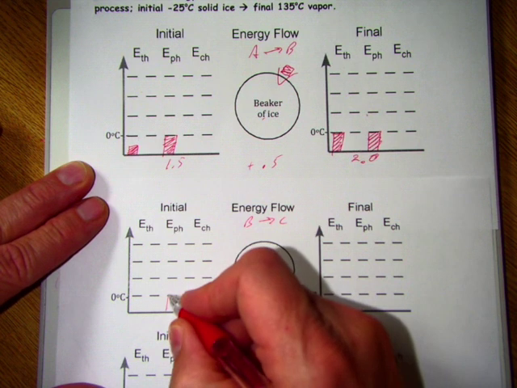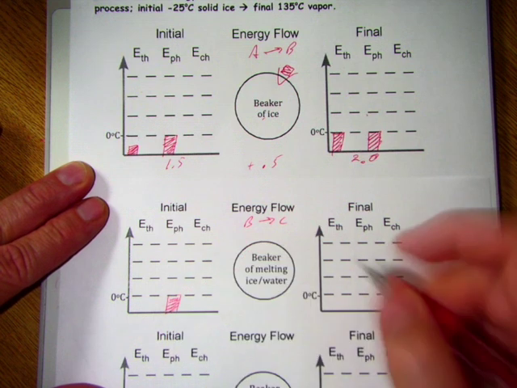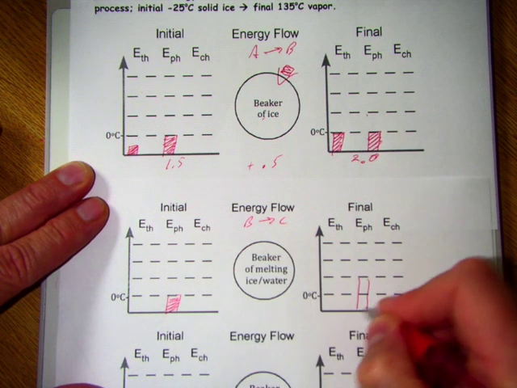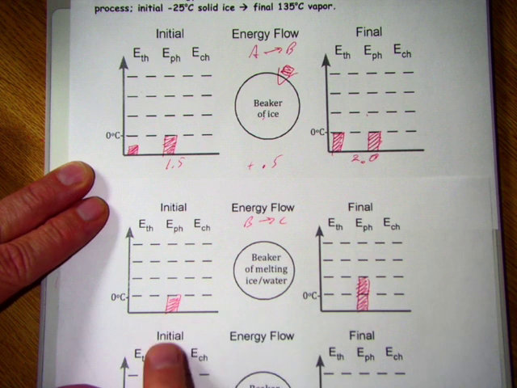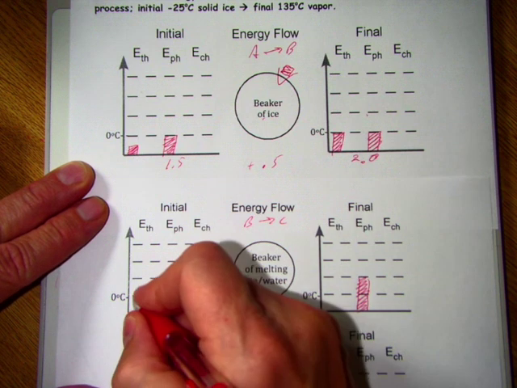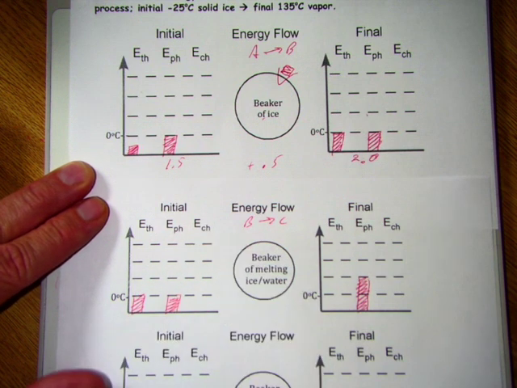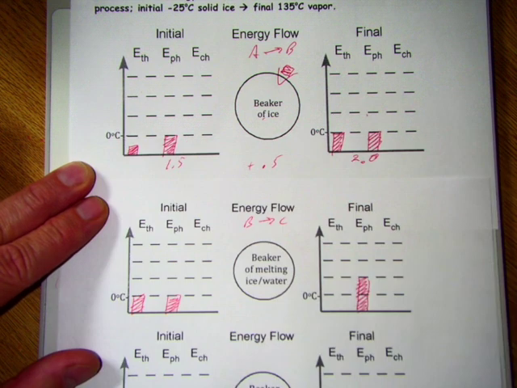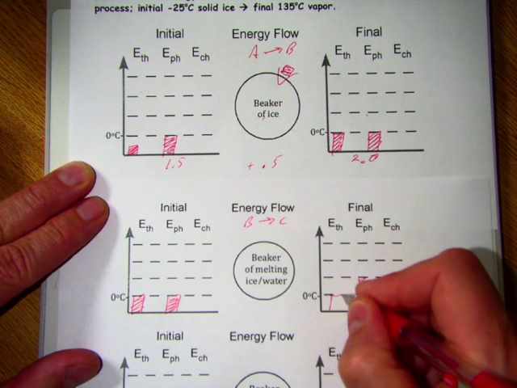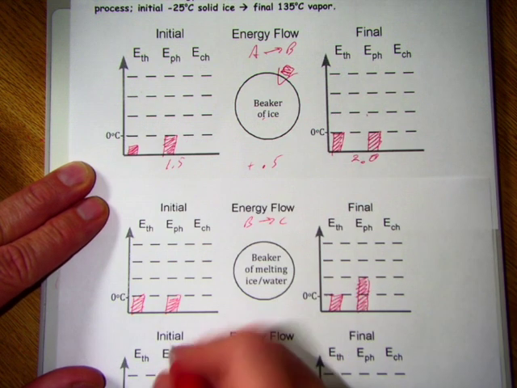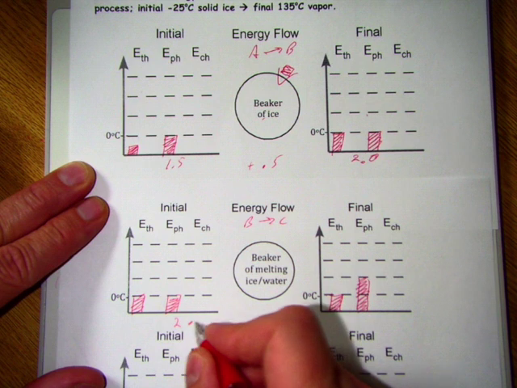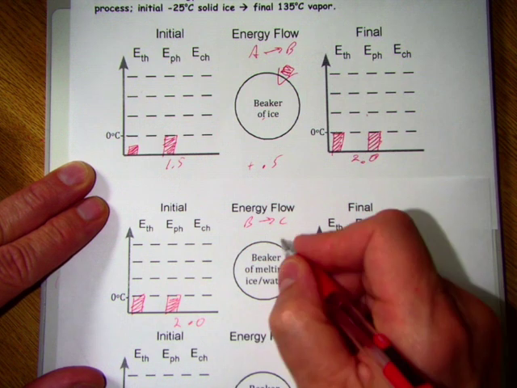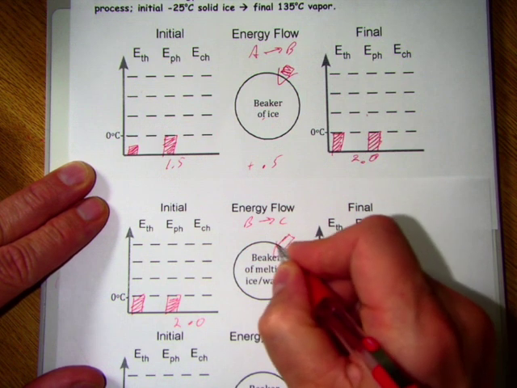We're going to start with a solid but end with a liquid. This is the melting phase. Melting means solid to liquid. It starts at 0, and again, there is no temperature change all along that plateau there, so it should remain at 0. So we started with 2 bars, we ended with 3 bars, 1 bar must have come in to the system.